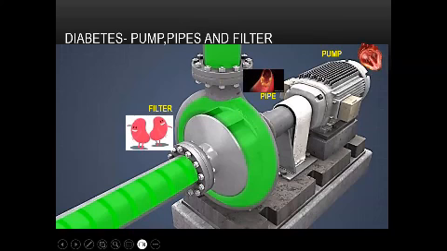So all three organs are going to be involved in a patient with diabetes. So naturally, you must have multiple inputs to optimize the prescription in a patient with diabetes, whether there is a pump disease, pipe disease, or an associated filter disease.